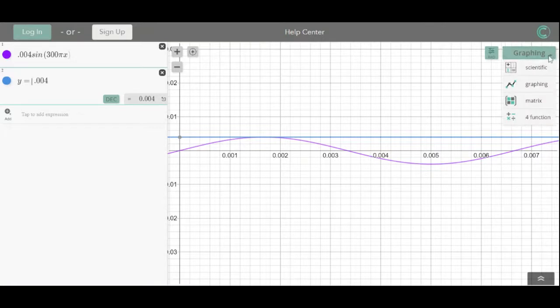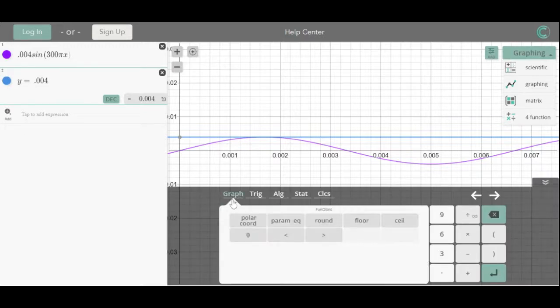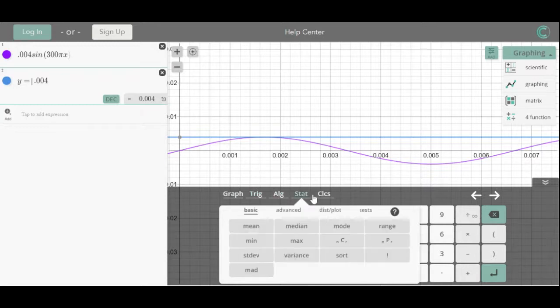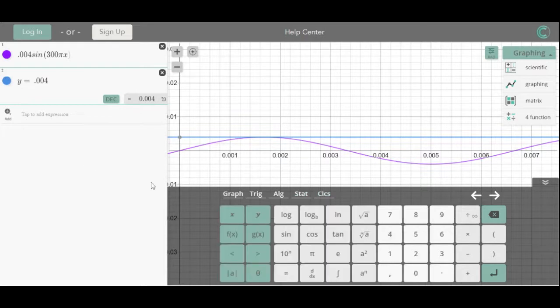See if I can find the intersection here. Yeah, I actually don't know how to do that on here. I don't think there's a function on it to find the intersections.